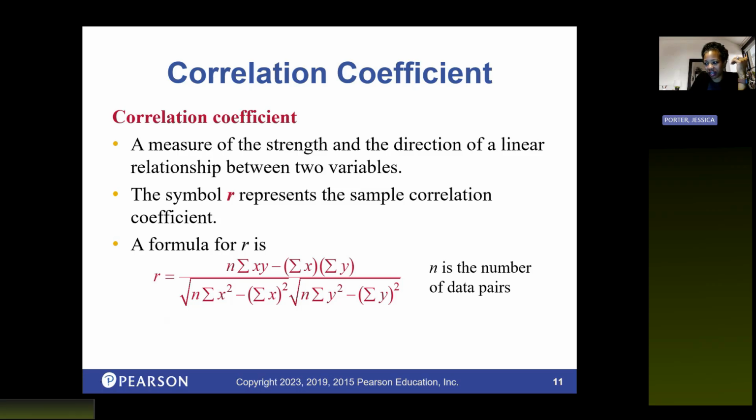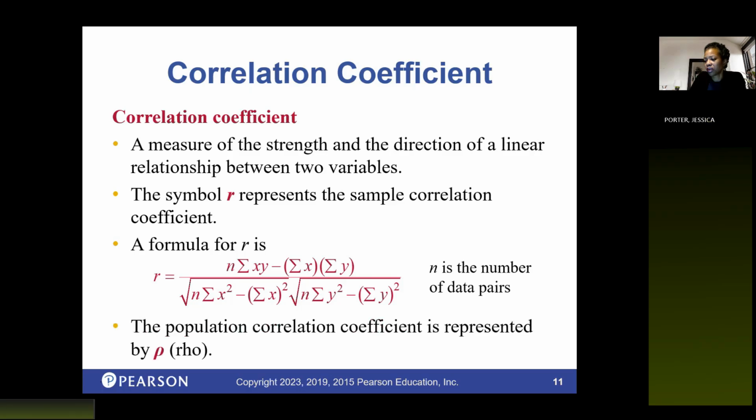We are going to get it from technology. And you'll notice in your homework, it's going to say use technology to find R. The population correlation coefficient is represented by what looks like a lowercase p, and we call that rho.